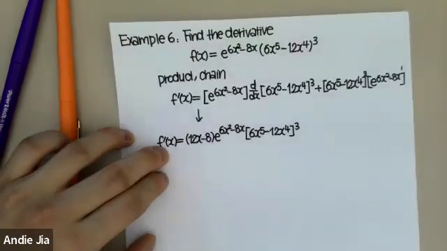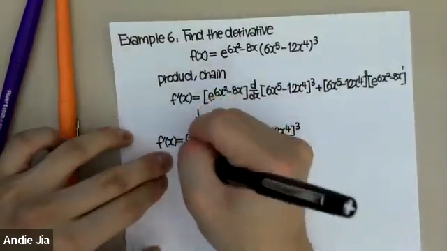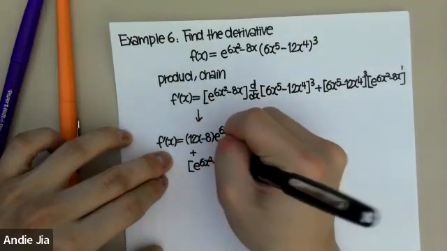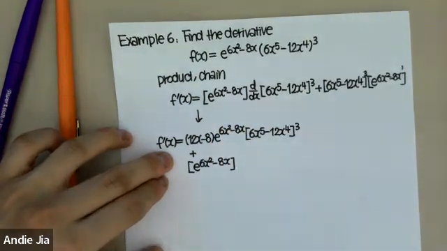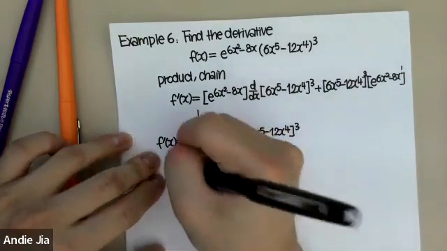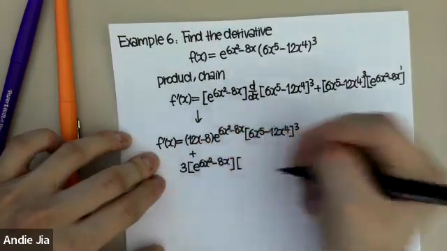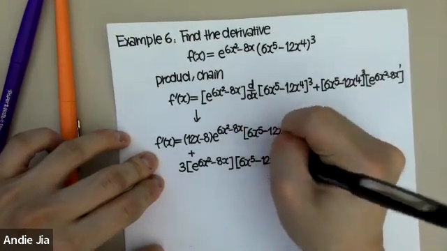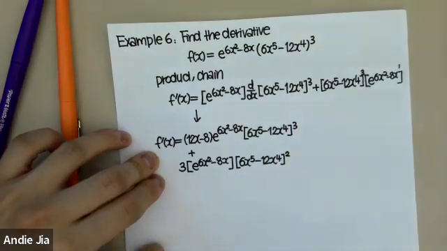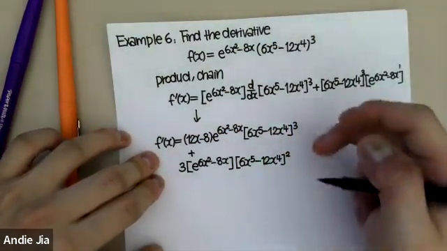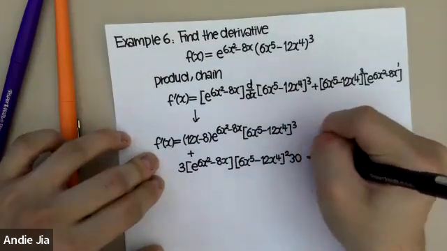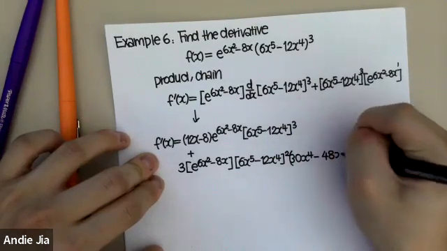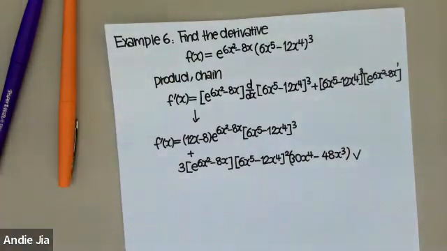And then add this chunk. Take the derivative, which is going to be 6x to the fifth minus 12x to the fourth, squared. Just take the derivative, going to be 30x to the fourth minus 40x to the cubic. This is f prime of x.